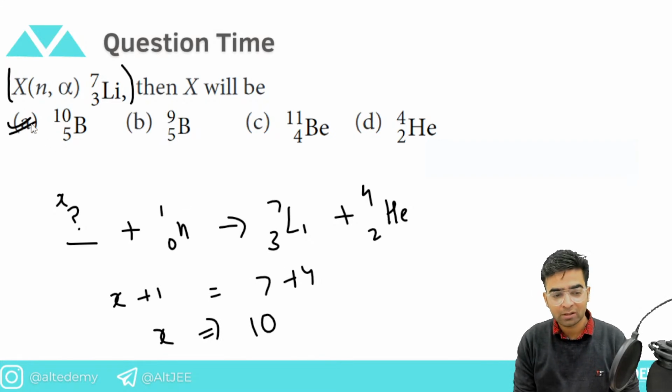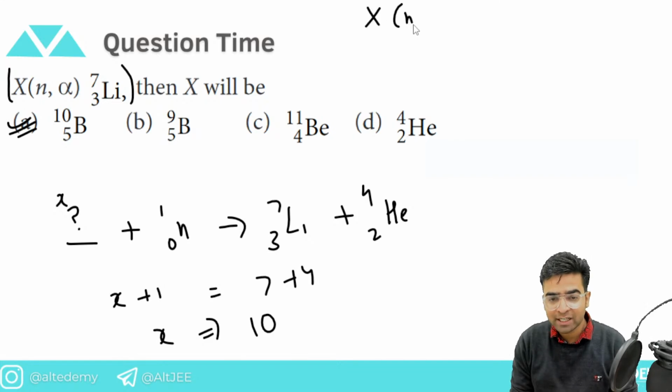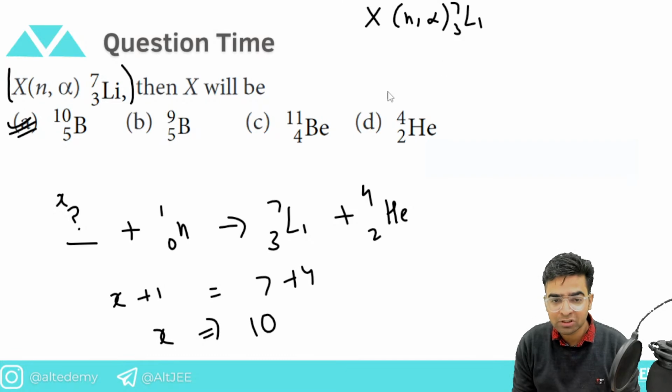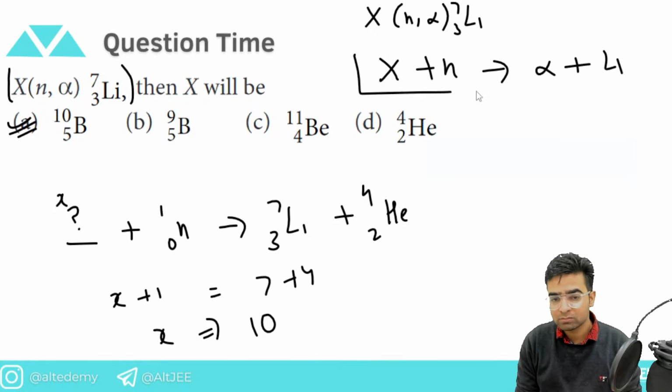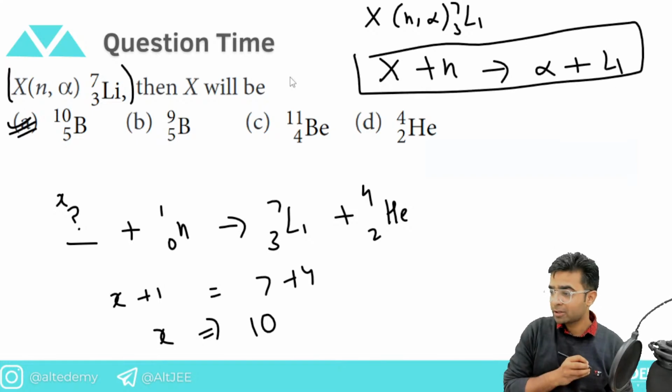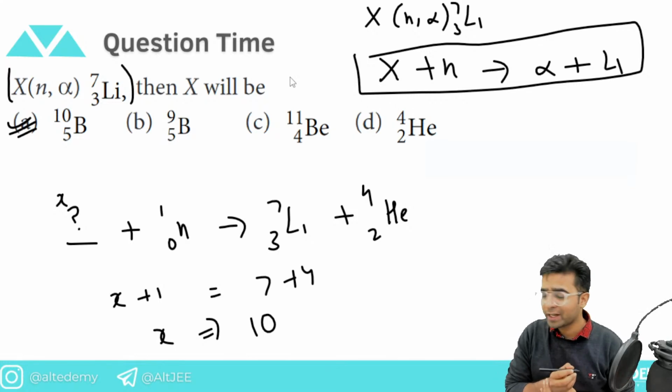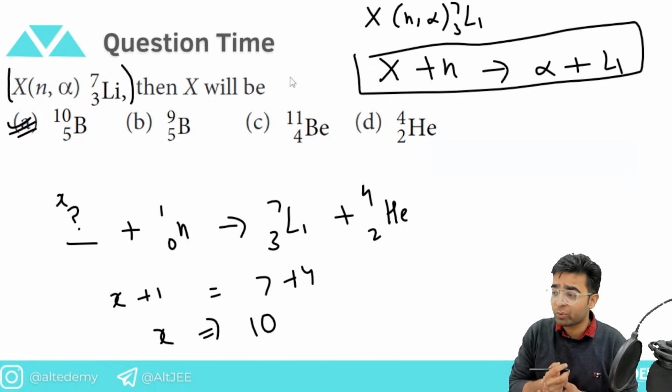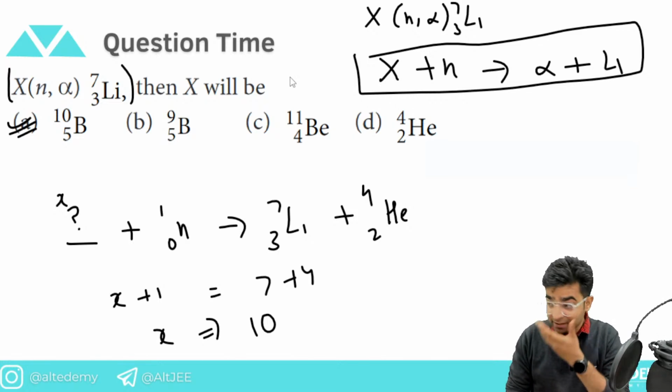In option A. If the equation is written like this, with x and alpha and lithium 3 7, this means the reaction is x plus n equals alpha plus lithium. This is also a way to write an equation. The answer is option A.